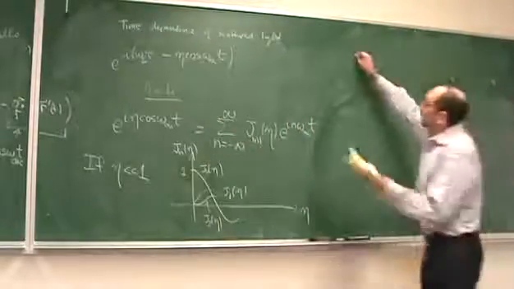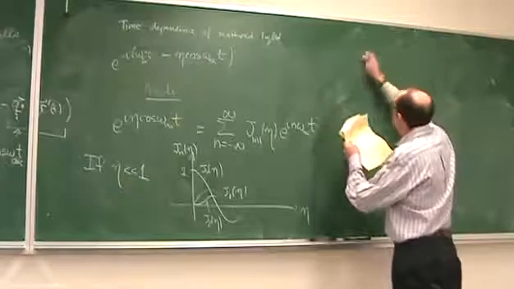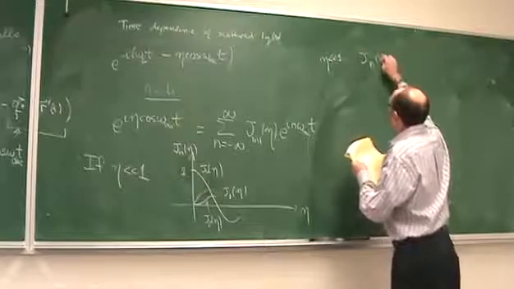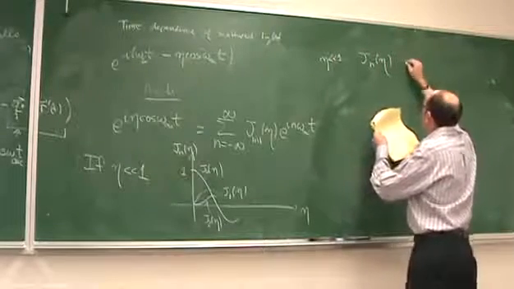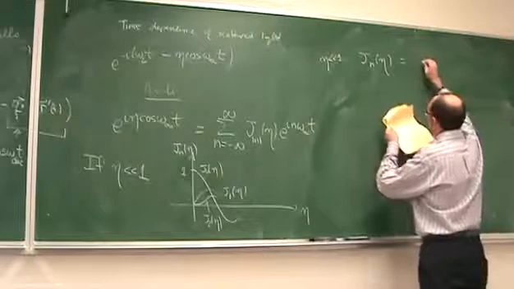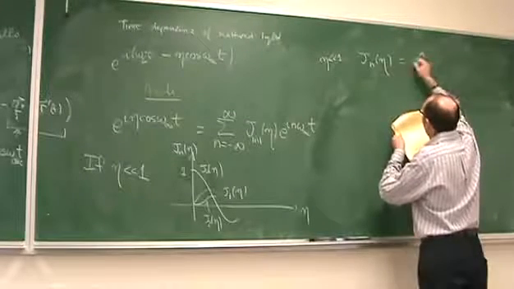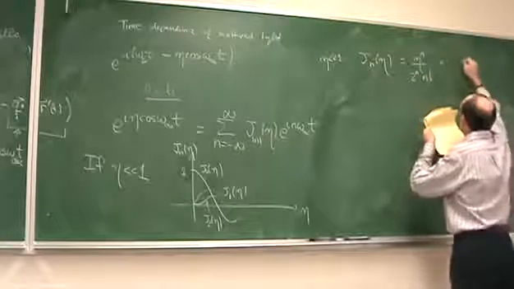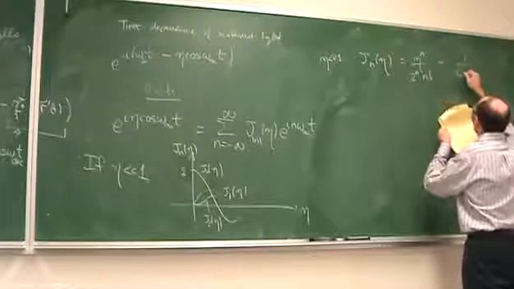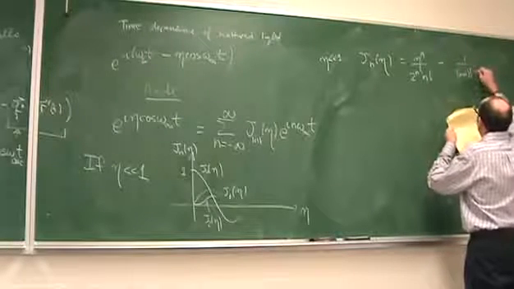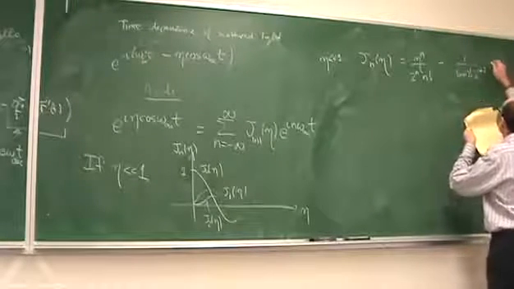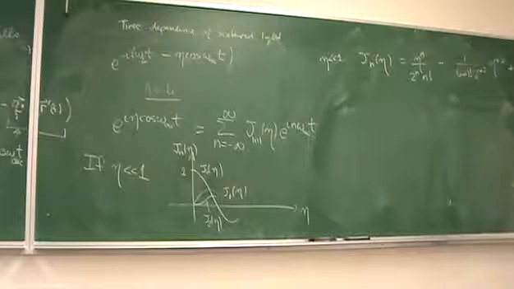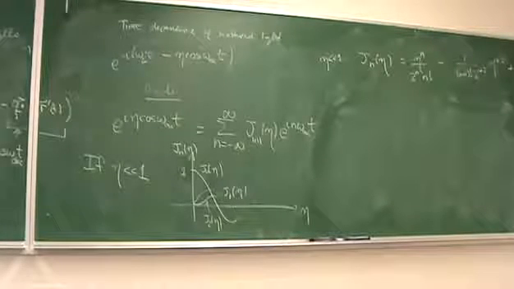In fact, looking this up, for eta small compared to 1, the Bessel function is (eta/2)^n over n factorial, minus 1 over (n plus 1) factorial times (eta/2)^(n+2), plus higher order terms in the Taylor series expansion.